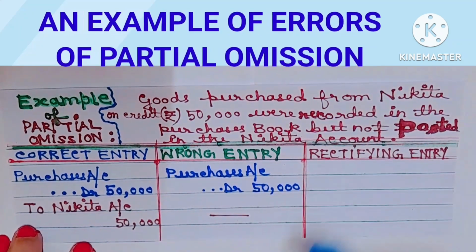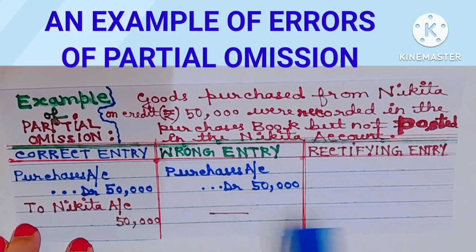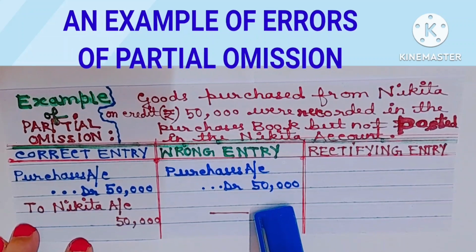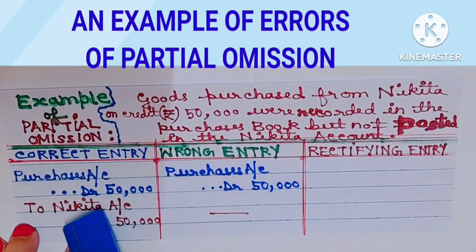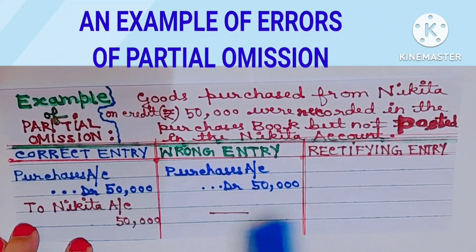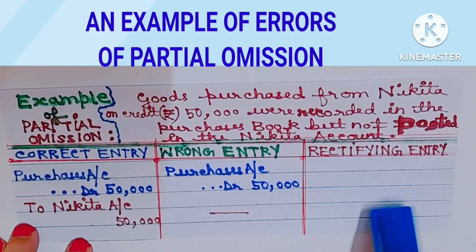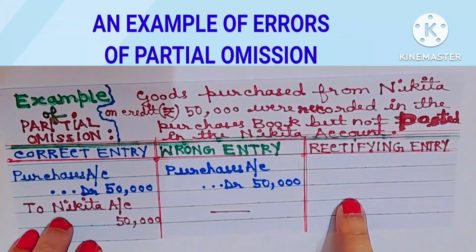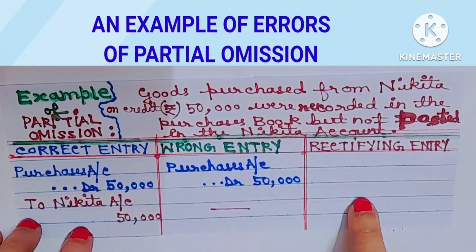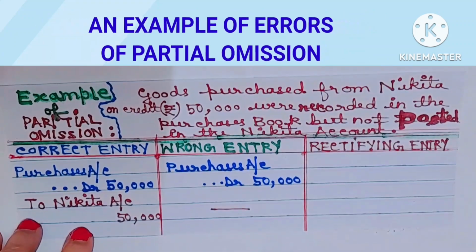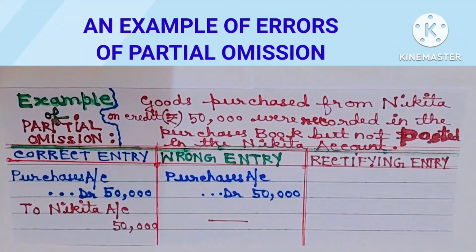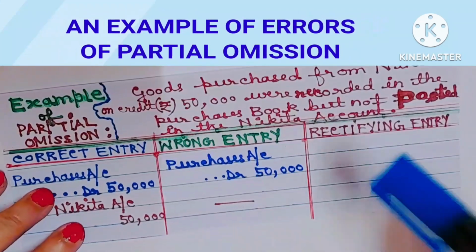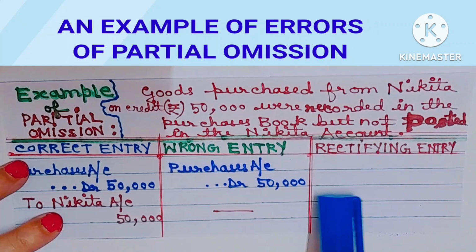We can rectify the entry on the credit side, since I've told you in the complete omission, since there is no recording, we can easily compare the wrong entry with the correct entry and write down here to Nikita account rupees 50,000. But the problem is, if we write in the rectifying entry to Nikita account rupees 50,000, who will be on the debit side? Which account will we debit? So that is the problem. On the debit side, can we write suspense account debit 50,000 to Nikita account 50,000?